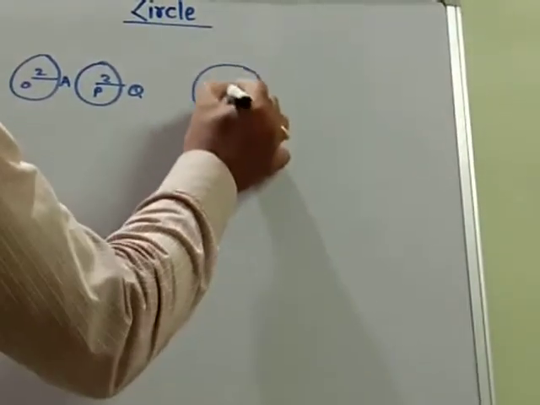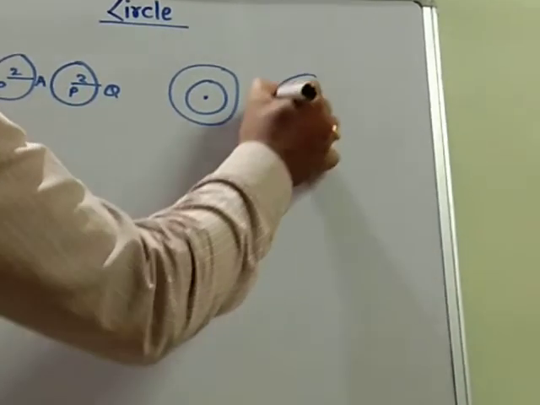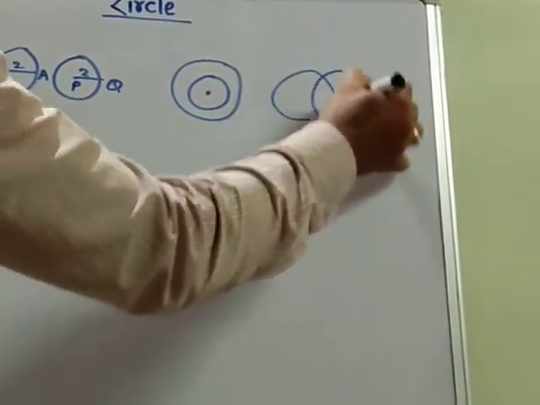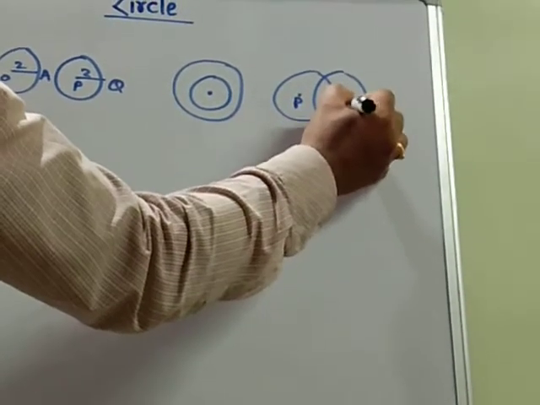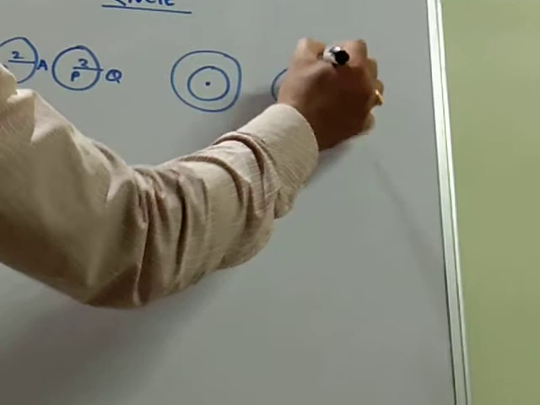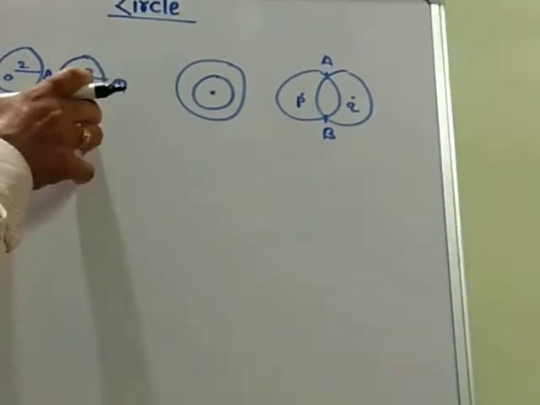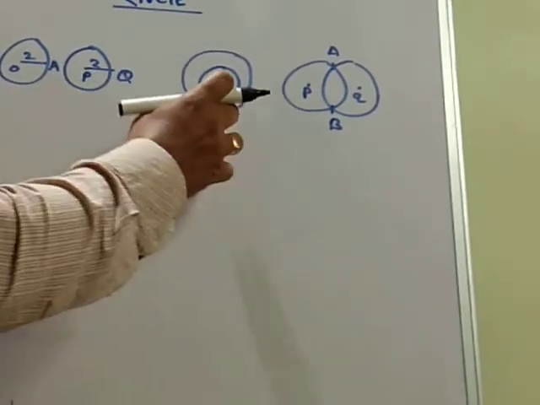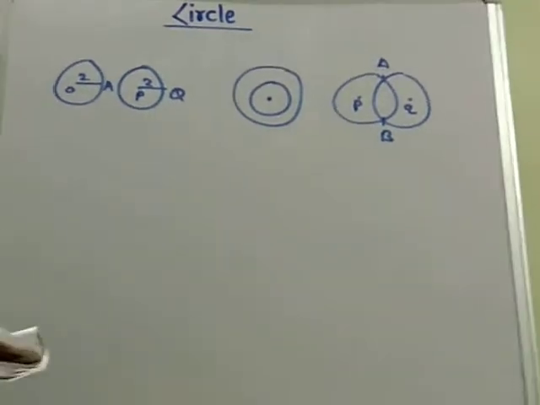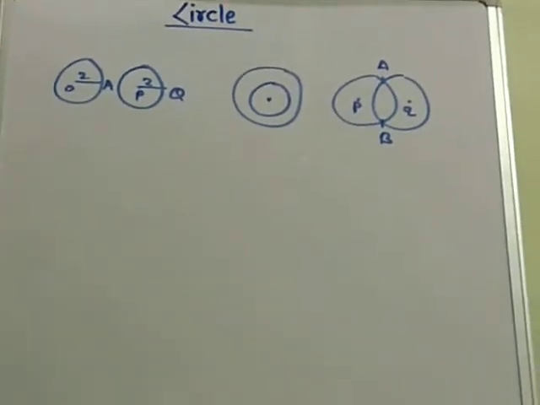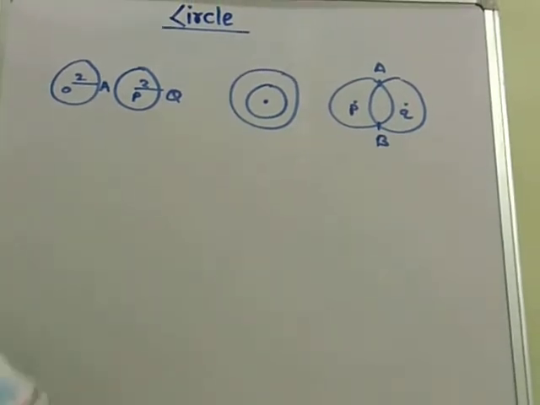This is a concentric circle, and this is an intersected circle. This is P and this is Q, that point A, and that point B. These concepts we saw in the previous standards.